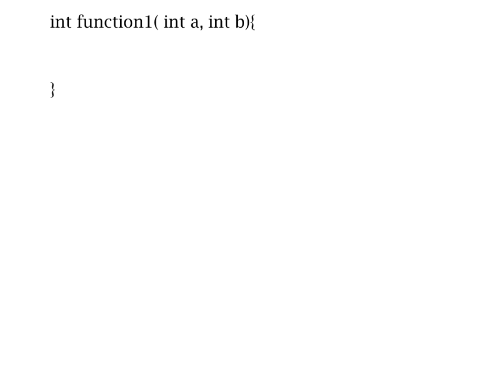So in this case, we have a function call, and let's create a main function. So here's main, and we have no parameters for main. The return value, we usually return 0.